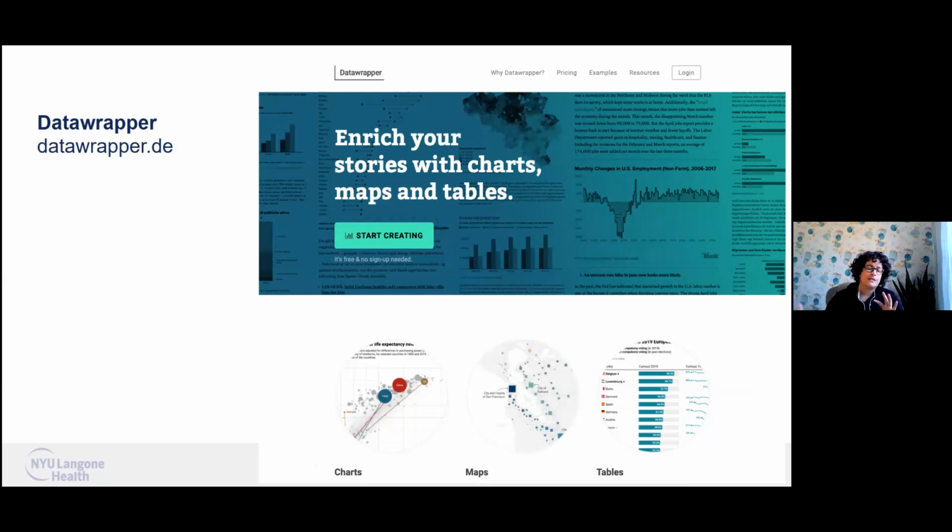You can create maps, and it's very easy to format everything, kind of a low learning bar as opposed to Tableau, which requires a little bit more skill. Of course, there's a lot of other ones out there. And again, please feel free to share them in the chat, or we can discuss them. But these are resources that we turn to and like to explore for thinking about data visualization.